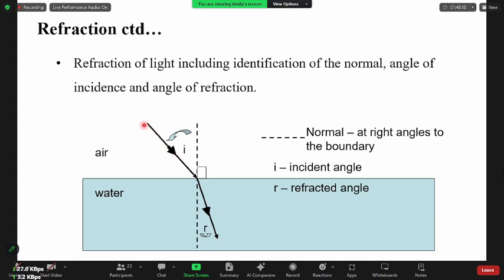If light travels from a less dense to a more dense medium, then the refracted ray will try to bend towards the normal.